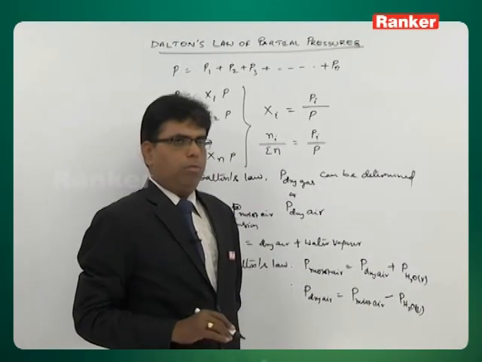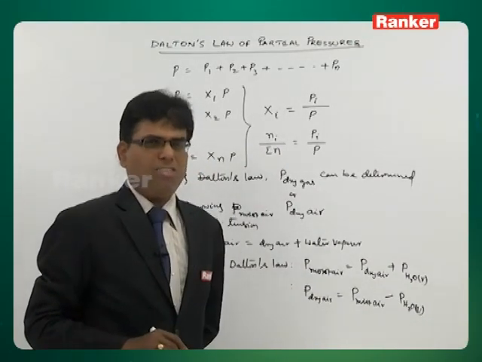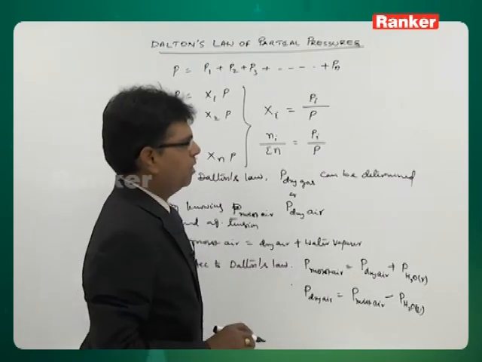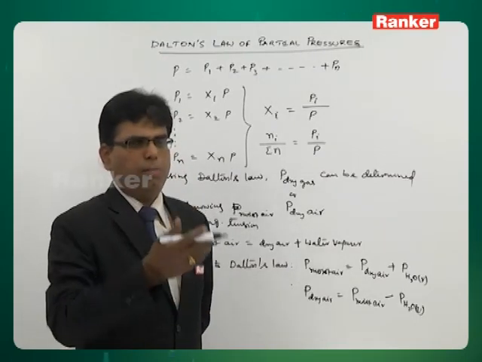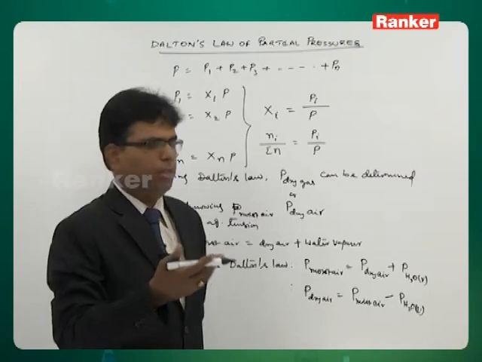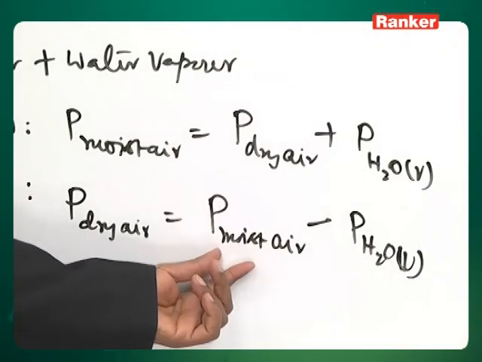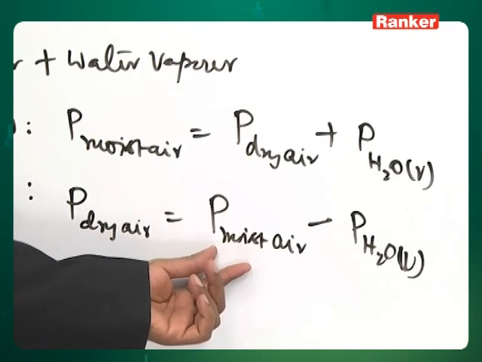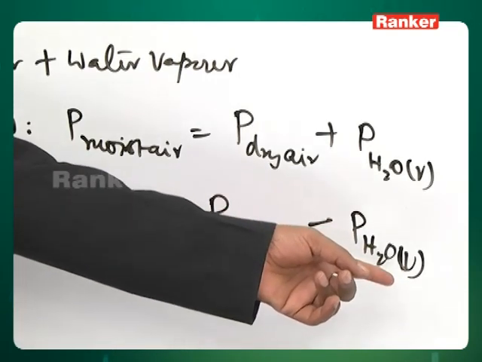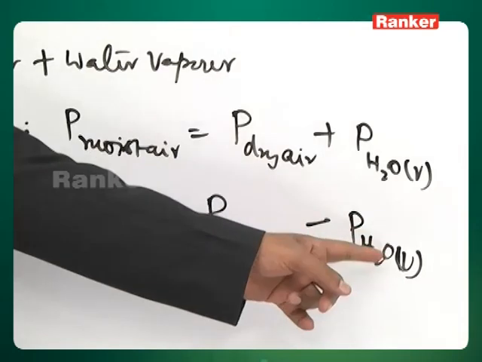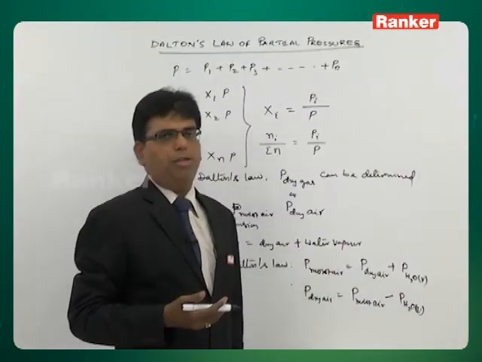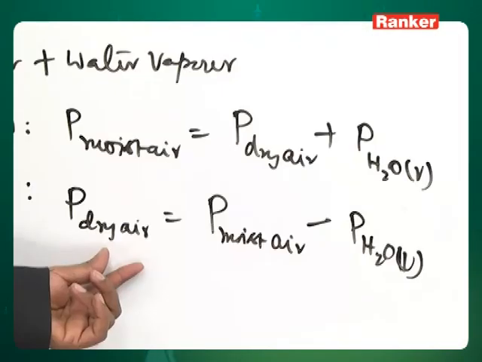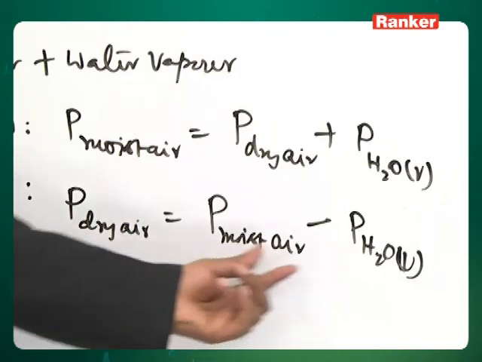Now, the pressure of moist air is nothing but the pressure that we can measure experimentally from the atmosphere, directly and practically. From that, if you subtract the partial pressure exerted by water vapor, you will get the pressure of dry air. Then how do we get this?